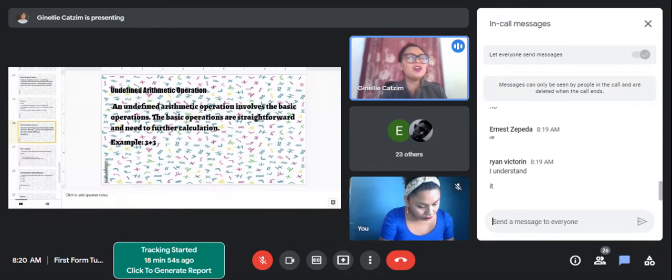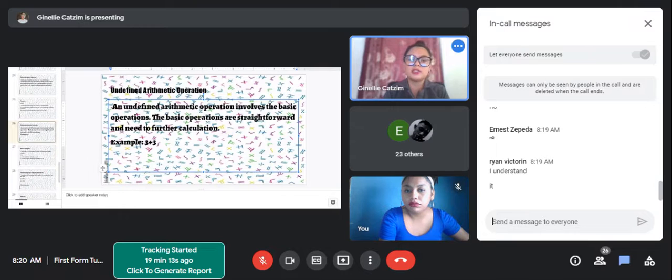So now, undefined. If we have defined, then that means we have undefined. But what is undefined? An undefined arithmetic operation involves the basic operations. The basic operations are straightforward and there should be no further calculation. Why? Because it is only 3 plus 3, right? We do not have an inclusion of another operation there.